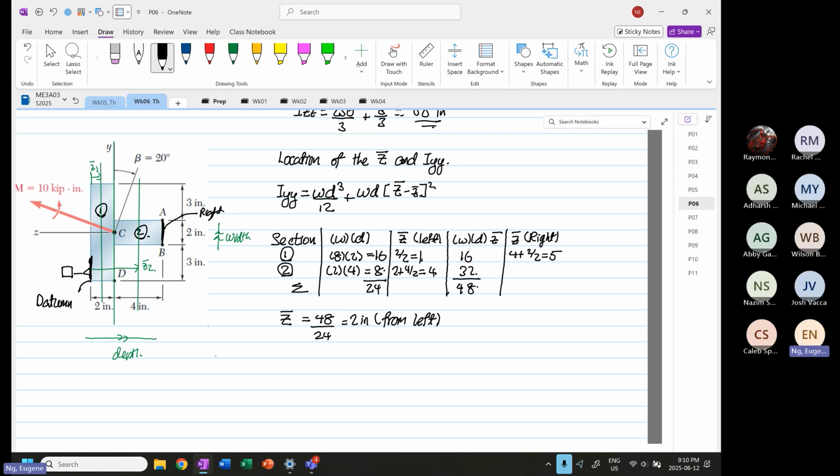And for section 2, it is 4 divided by 2, which is equal to 2. Then you do the same with that Z bar. So this is 16 times 5.